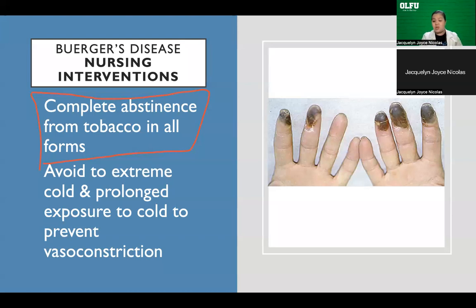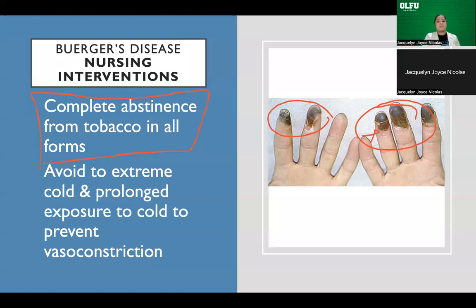So, nakikita nyo to, akala nyo nasunog lang, di ba? But those are actually necrotic tissues. Those are already dead tissues. Okay, dead tissues na yan. Di mo na kayang i-revive yan. Okay, so, ang mangyayari dyan, you have to remove it, di ba? Kasi it can lead to gangrene. It can be infected. It can be source of sepsis and all. So kaya usually tinatanggal na yan.